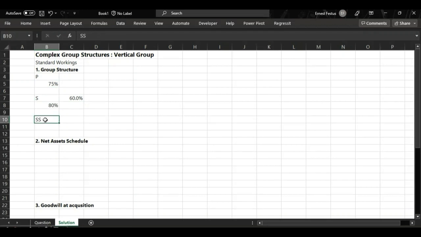S also controls 80% of SS's shares. Because P controls S, P has an indirect control over SS, and that control is ascertained by multiplying P's control over S by S's control in SS, and that is what we have done here, and we got 60%.